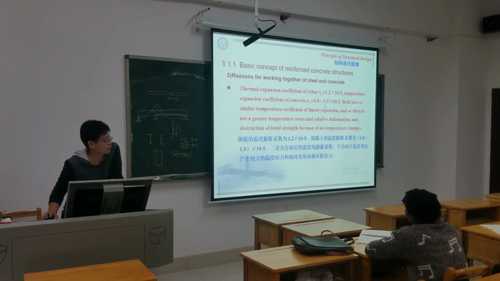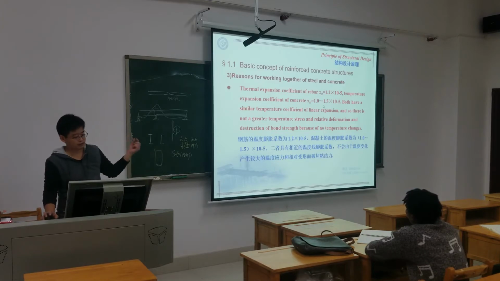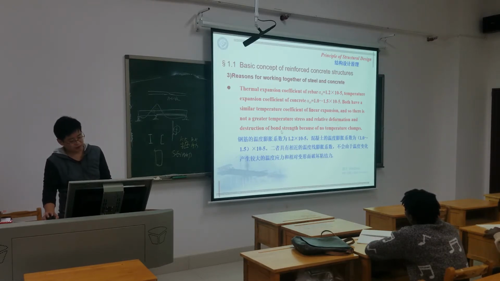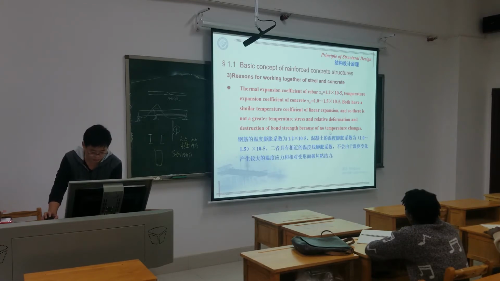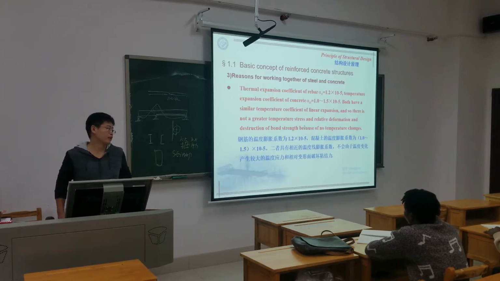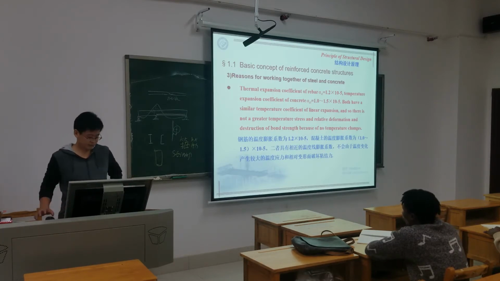So actually these two materials have very similar thermal expansion coefficients. Both have a similar coefficient for linear expansion, so there is not a great temperature stress and very little destruction of strength because of temperature change. So that's another reason.